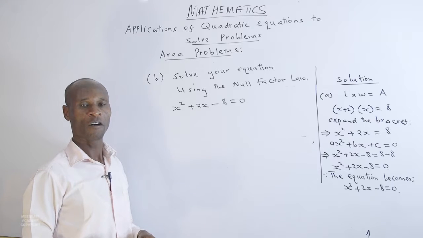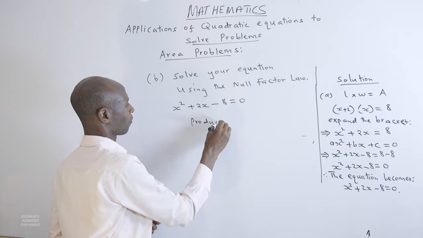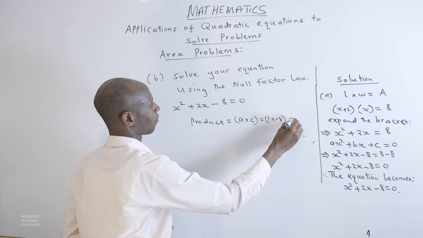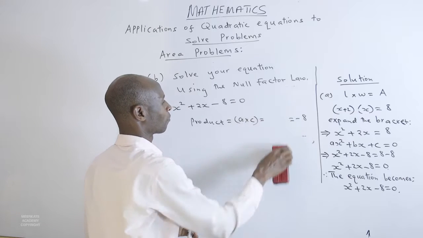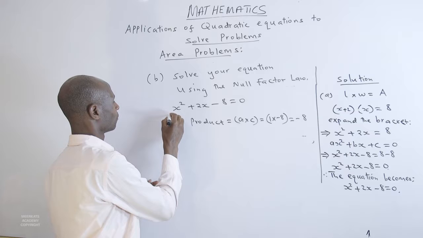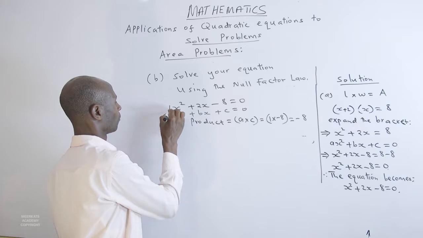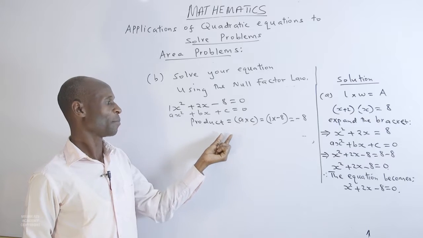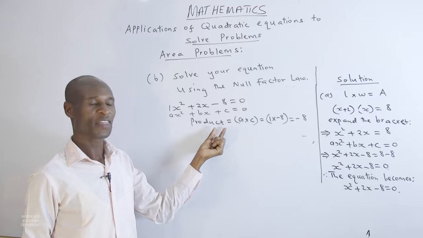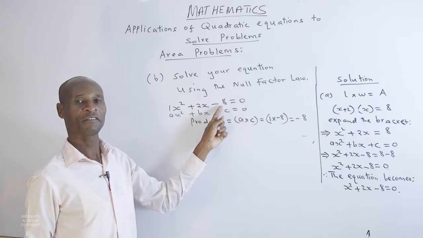So in this case, we look for 2 numbers such that the product will be A times C. So in this case, it's 1 times negative 8. So we look for 2 numbers such that the product is negative 8. A here is 1, C is negative 8.